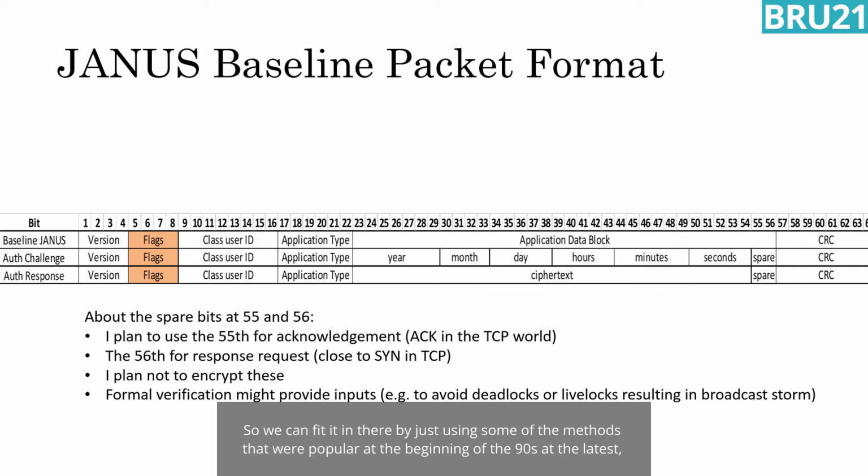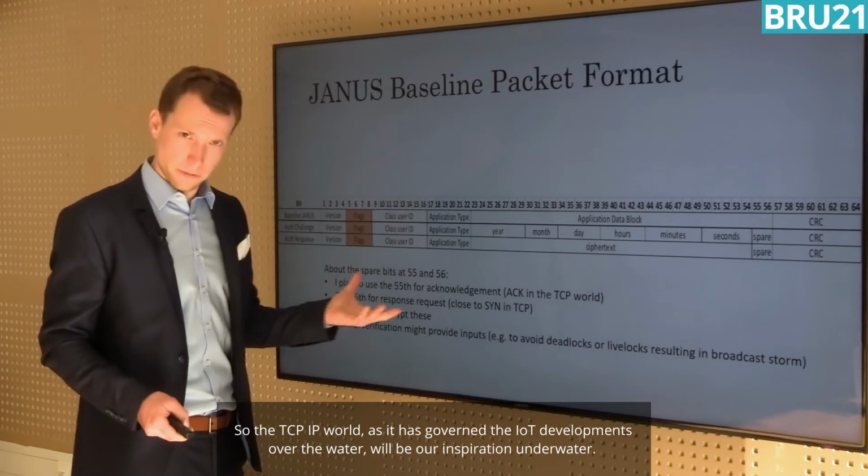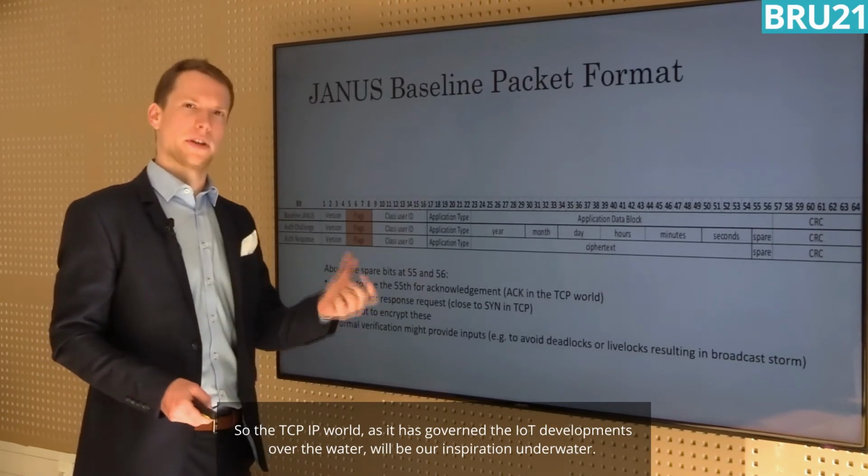So we can fit it in there by just using some of the methods that were popular at the beginning of the 90s at the latest, which is when computers were constrained in similar ways as we are still constrained underwater. So the TCP/IP world, as it has governed the IoT developments over the water, will be our inspiration underwater.